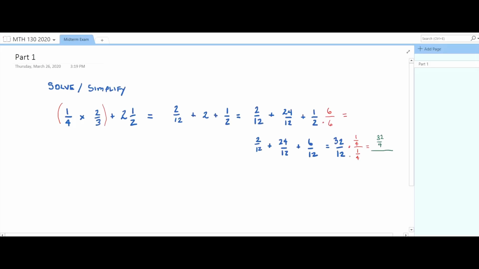And then I'm dividing this by 12/4. So 32 divided by 4, remember from our basic multiplication tables, is 8, and 12 divided by 4 is 3. And there we go, simplified enough. Okay, so that's one type of thing that I'd like you to be able to do.